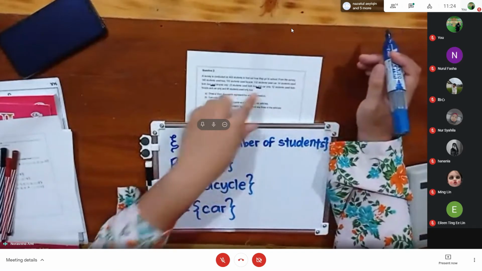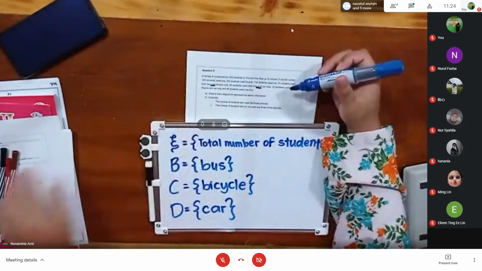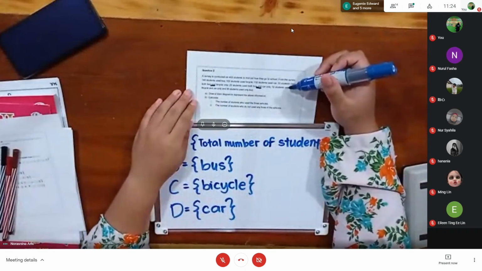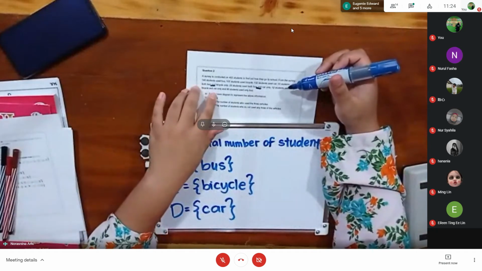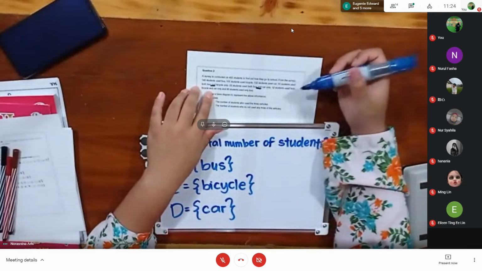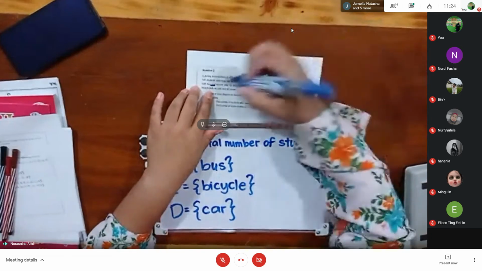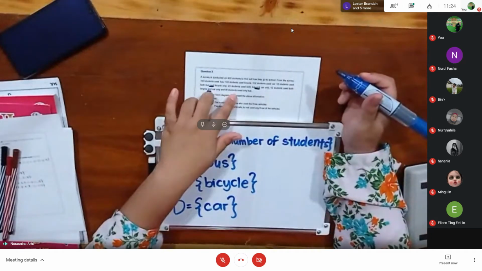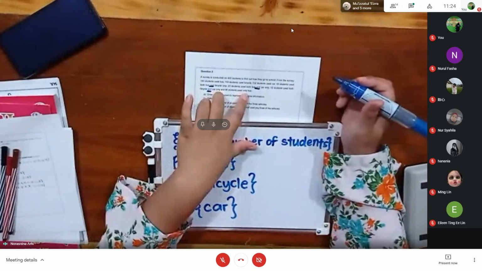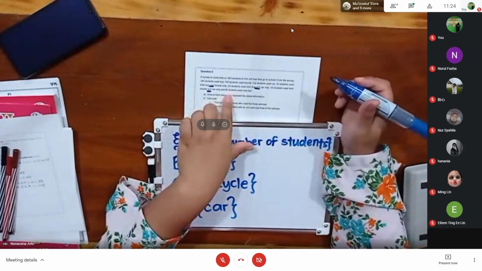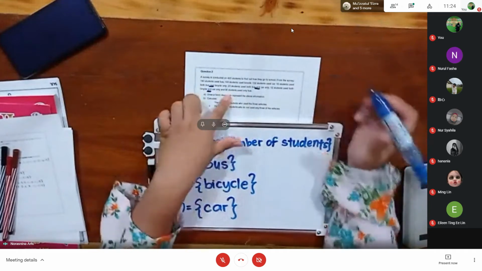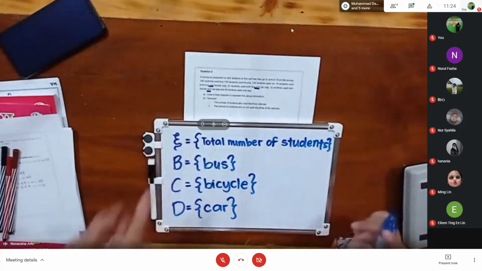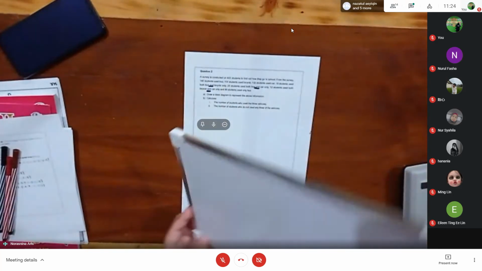This is also intersection. 12 students use both bicycle and car. This is also intersection. And the last one is 96 students who use only bus. It gives us very crucial information here.